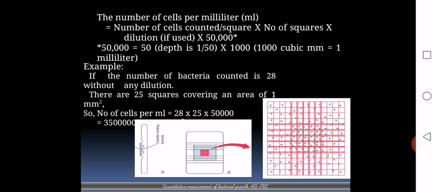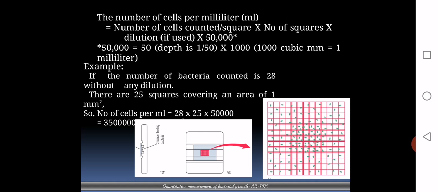Otherwise you can also do another type of calculation, as given here. You can use the following formula: number of cells per ml is equal to number of cells counted per square into number of squares into dilution, if any dilution is used, into 50,000. And 50,000 is a constant factor obtained from the values provided.